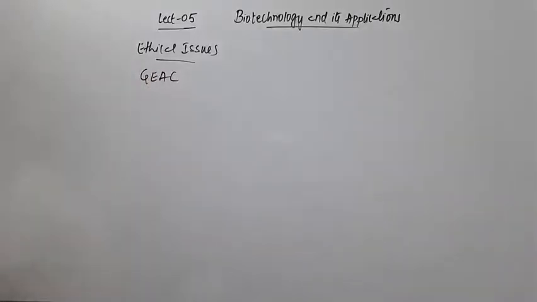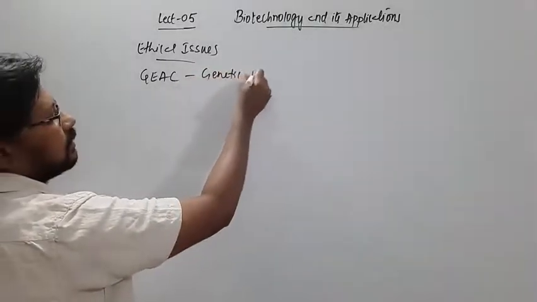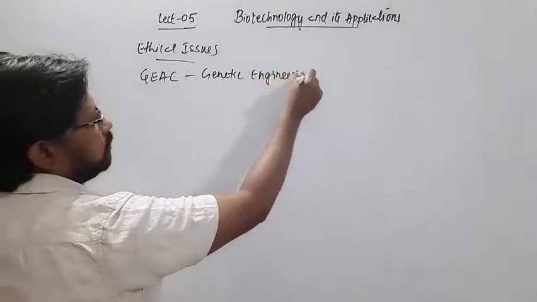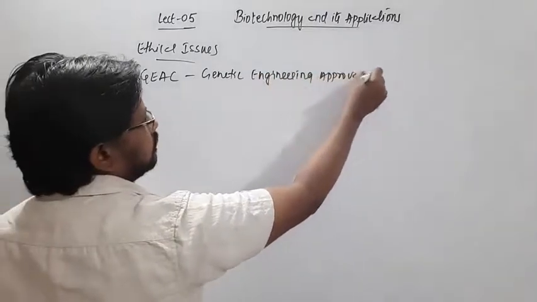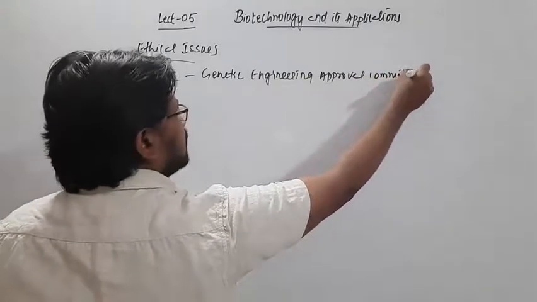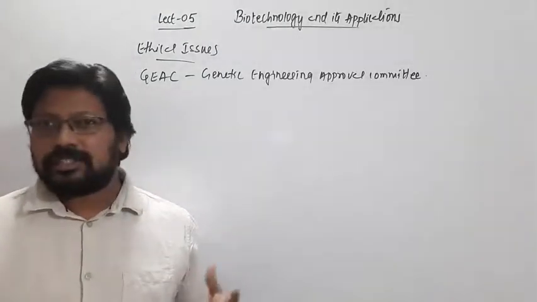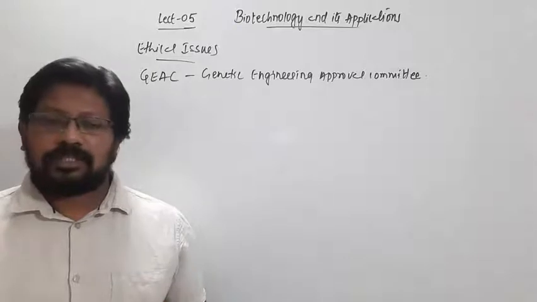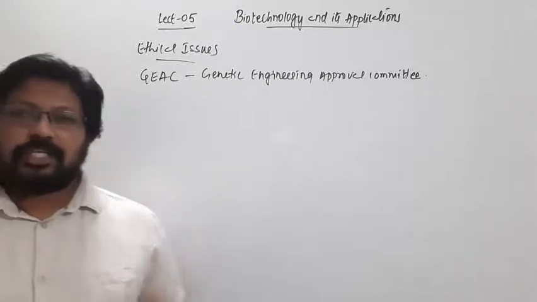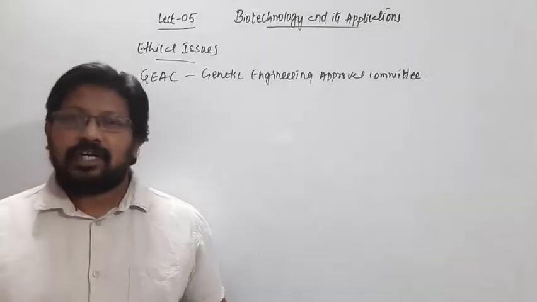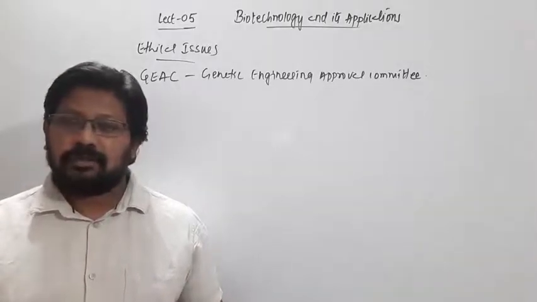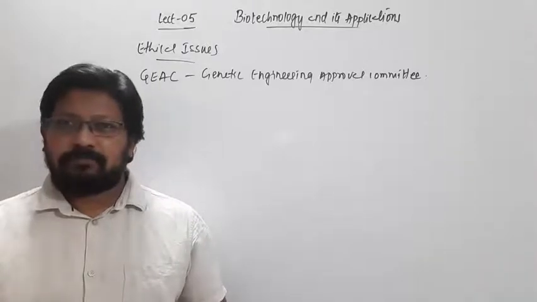And for this they have set up something called GAC. This GAC stands for Genetic Engineering Approval Committee. And this will approve any research in the country. Of course, each country has its own GAC, and they will regulate whether they are going to accept that research.